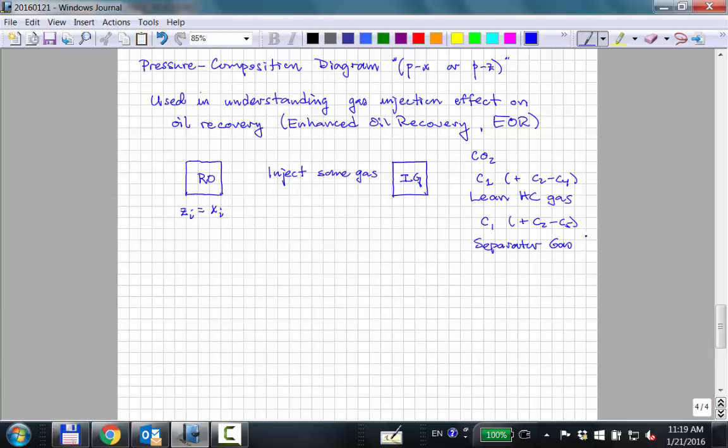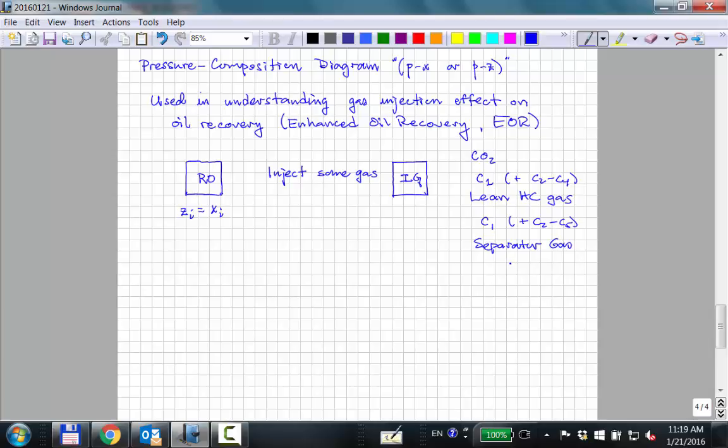At the surface, you take whatever you're producing out of the reservoir to the surface. You put it through a vessel, a container, at low pressure and temperature, 100 bar, 10 bar, something like that. And you get gas coming out of the top and oil going out the bottom. The gas that comes out of the separator will be our primary first stage separator gas. And that might be treated or not treated.